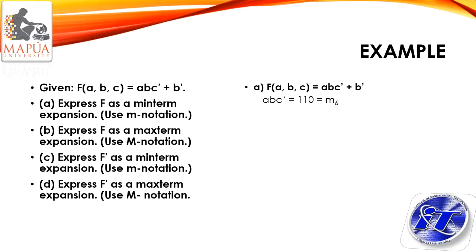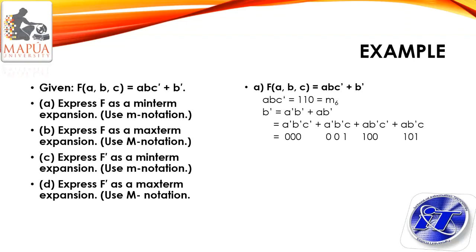So let's start with ABC naught. So it's 110. So we have M6. And how about B naught? We're going to introduce both A and C, first variable and third variable. And it means we have 4 patterns to be derived on B naught. So we have A naught B naught plus A B naught, then introduce C. So now we have 4.